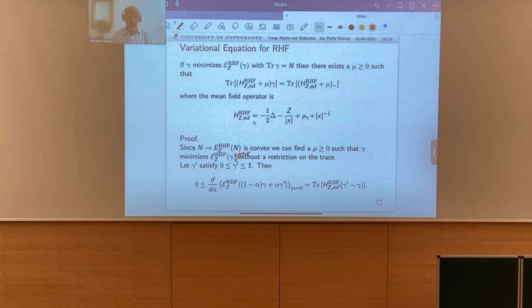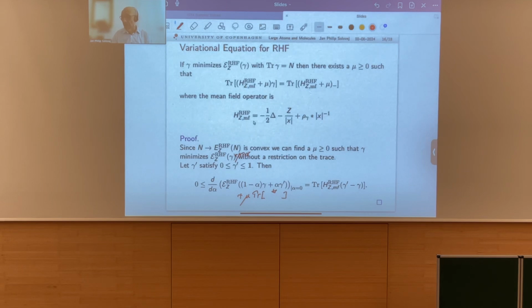So because it's convex, the restriction that I have on n, I can replace it by adding a mu and saying then I minimize the whole thing. And this I should also have done down here. I should have said plus mu trace of gamma, sorry, I've forgotten that.